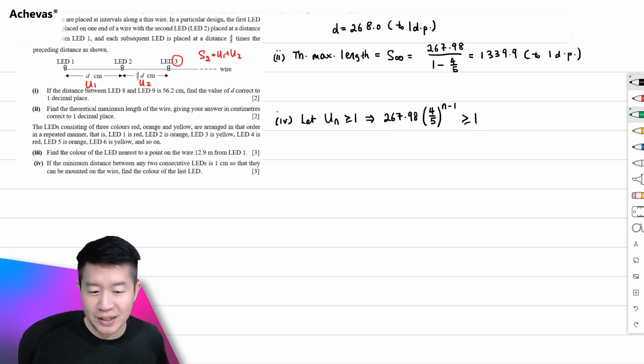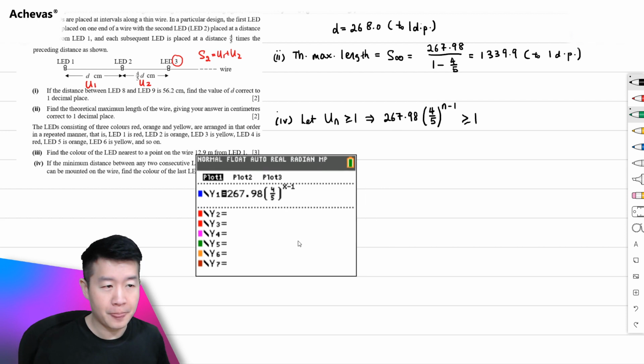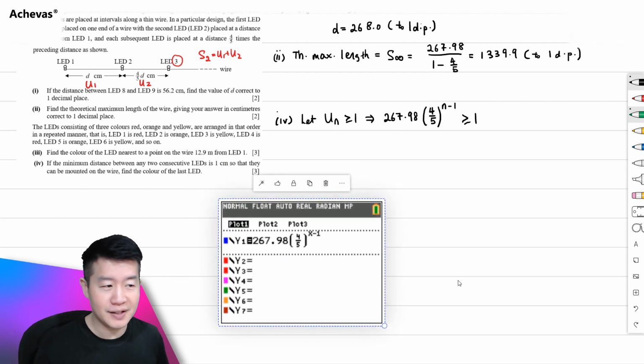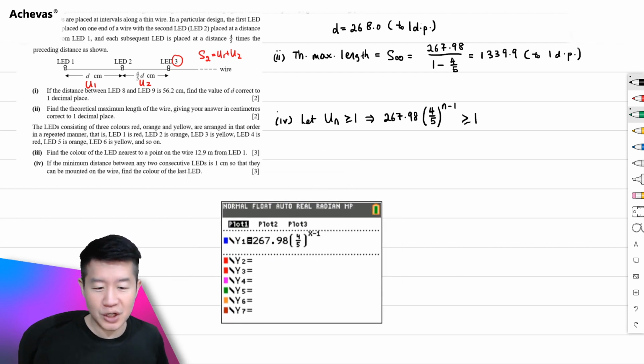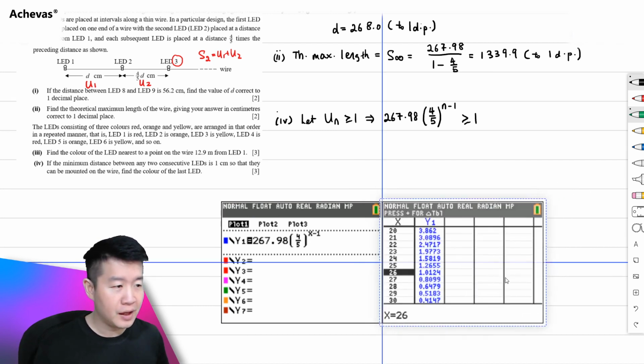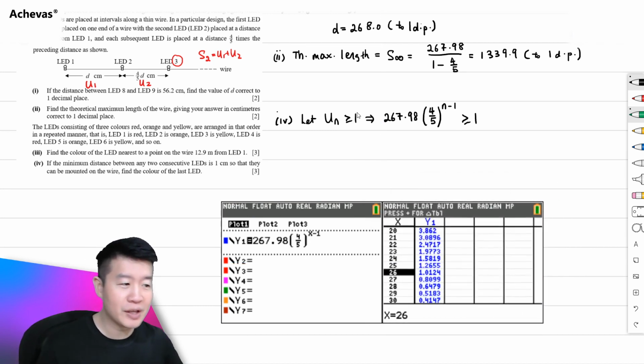And just like what we did for Sn, we will press this into the calculator and generate a table. In this table, I will be looking out for all those distances that are bigger or equal to 1. Until 26, it is still bigger or equal to 1.